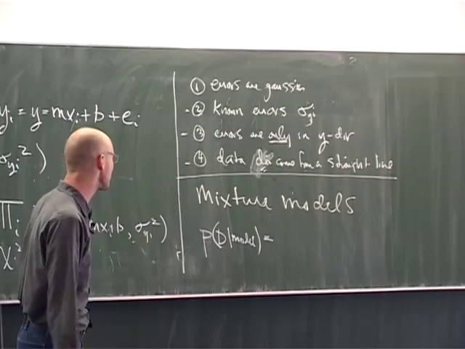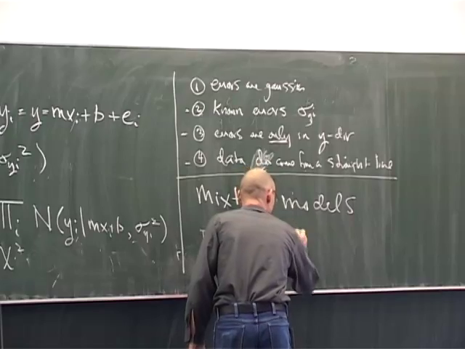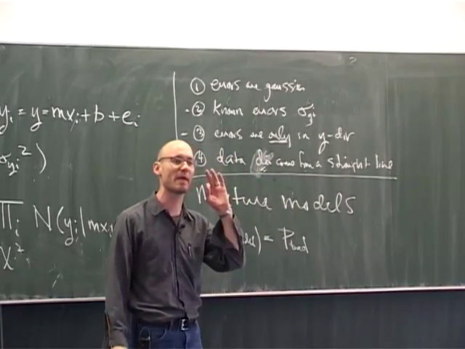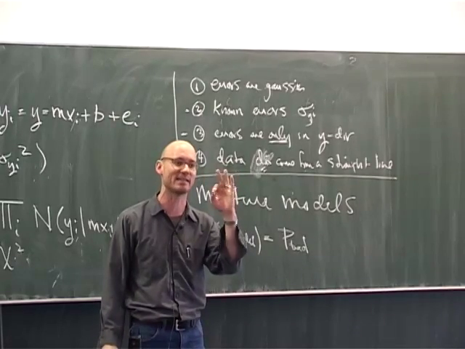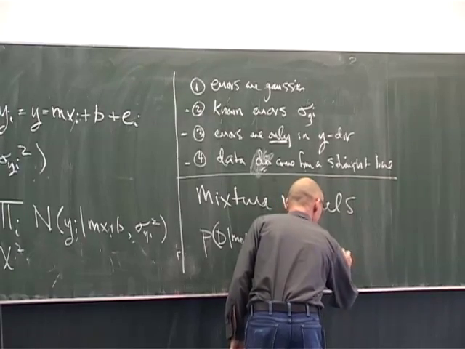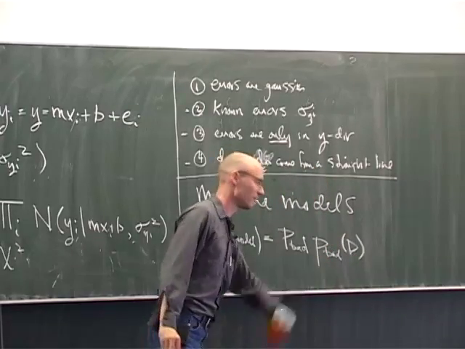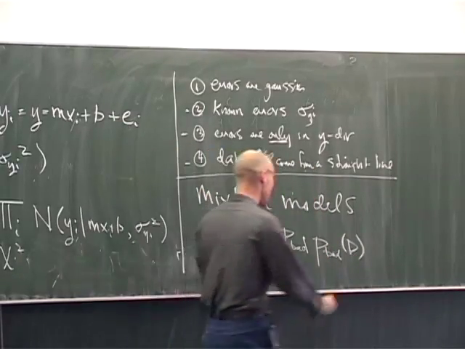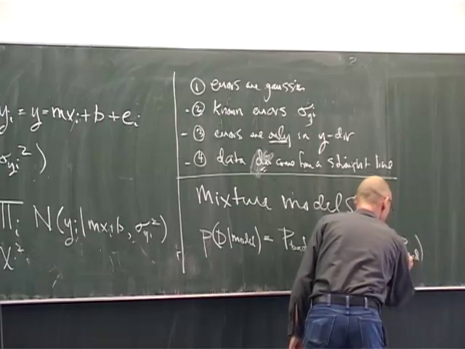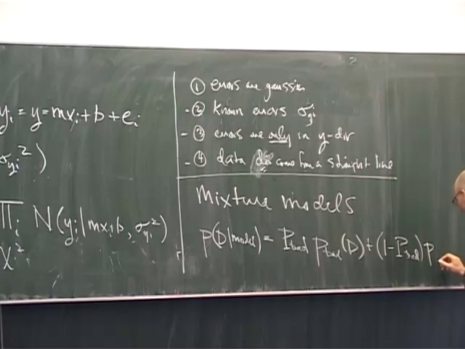So this is going to be a mixture of, there's a probability p bad that a data point is coming from a different distribution, a bad distribution, times my generative model for the bad points, plus there's a 1 minus p bad, and I should be careful to keep this capital P so we don't get confused, times the generative model for the straight line.